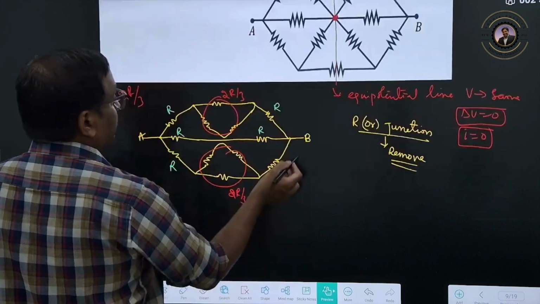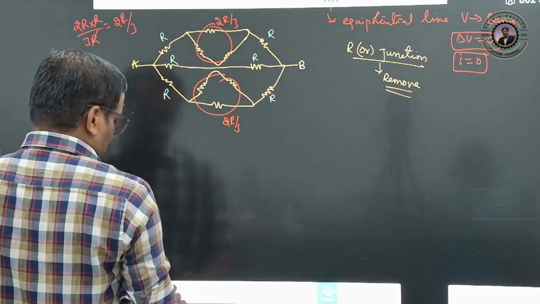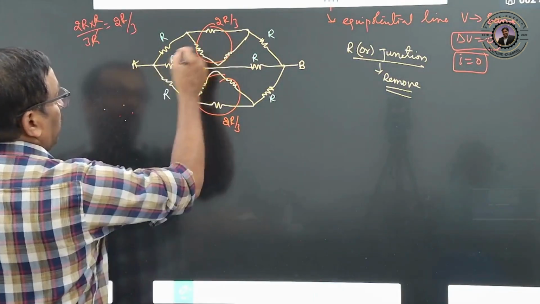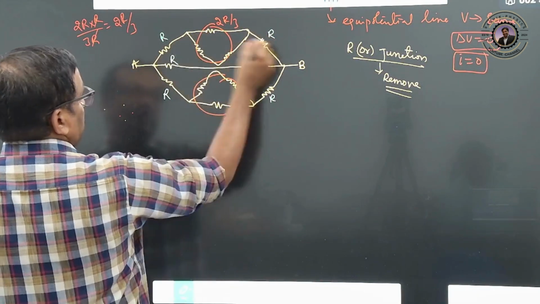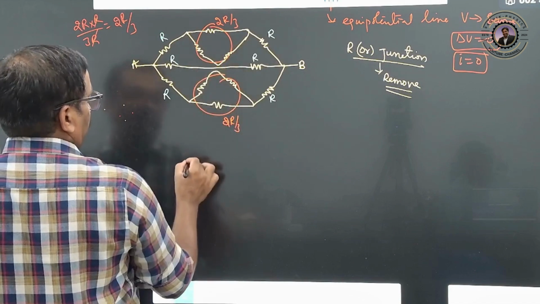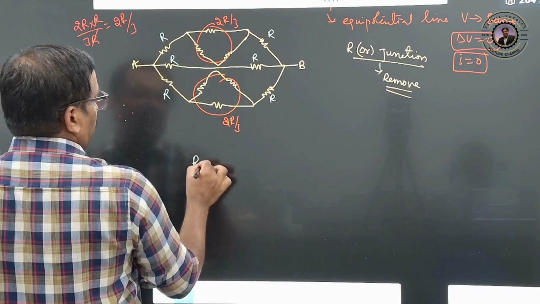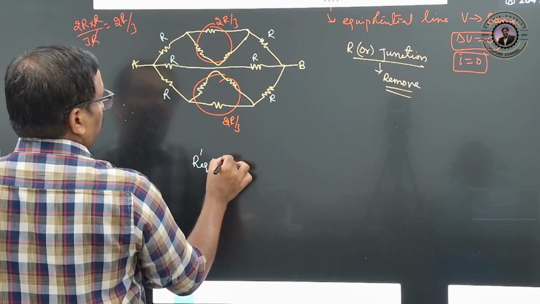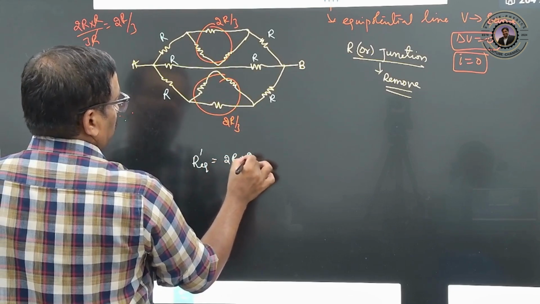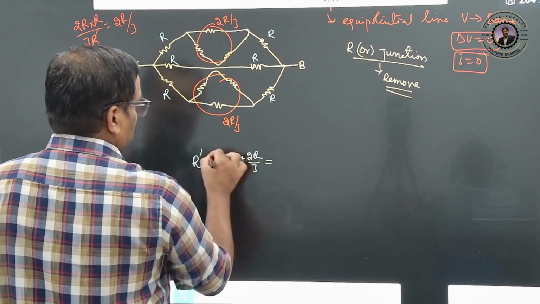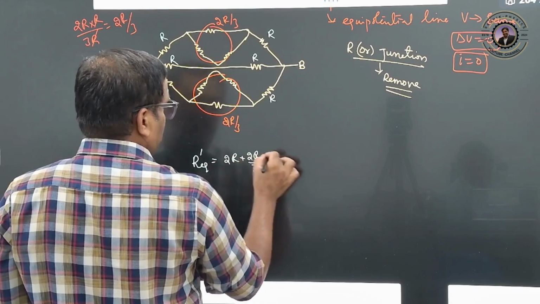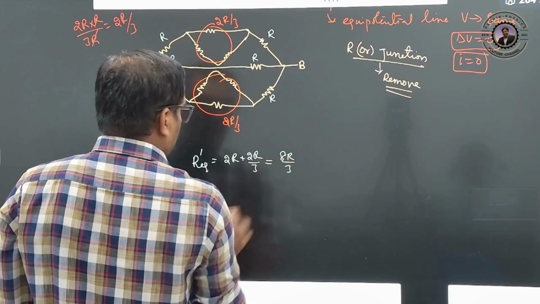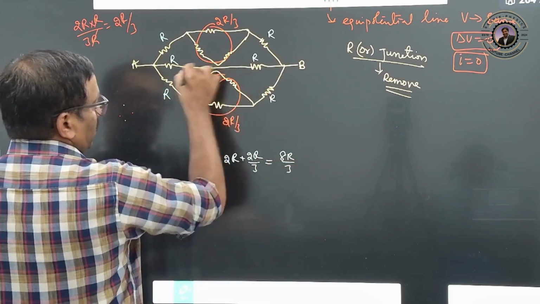Now I will write this branch. R equivalent along this one is 2R plus 2R by 3, which is 8R by 3. So this is 8R by 3, and this is 2R.